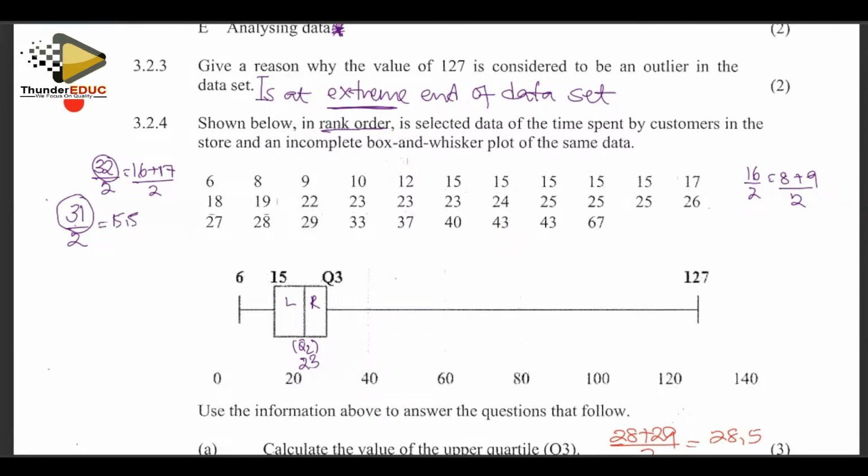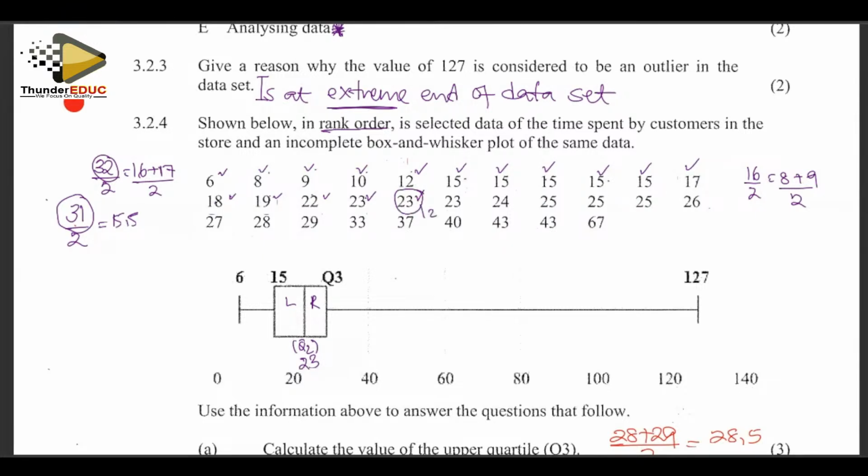We count 1, 2, 3, 4, 5, 6, 7, 8, 9, 10, 11, 12, 13, 14, 15, 16. So this number here becomes the median, which is Q2.